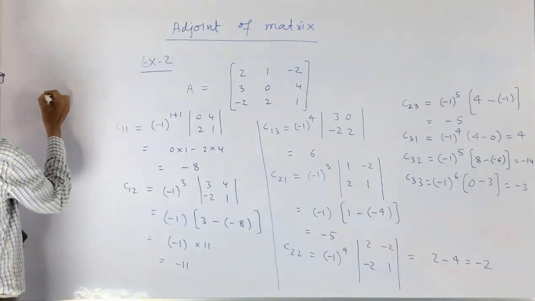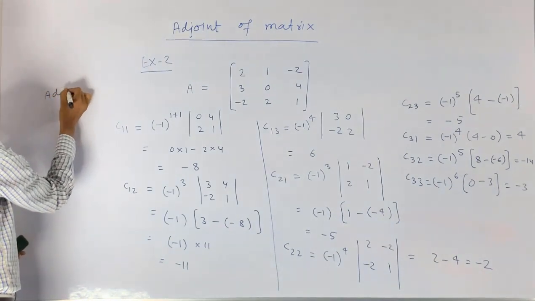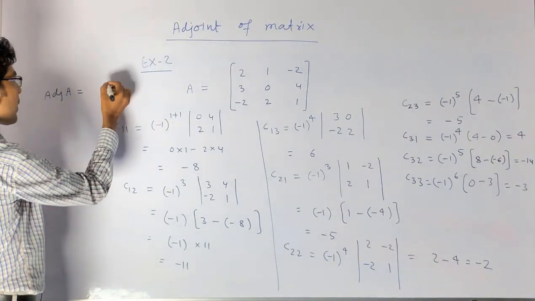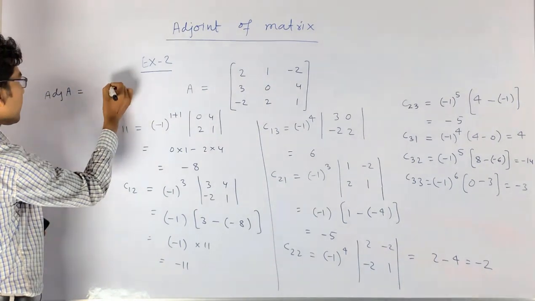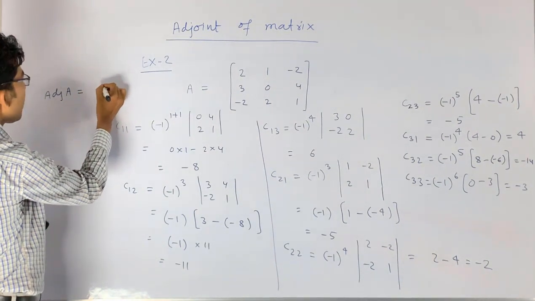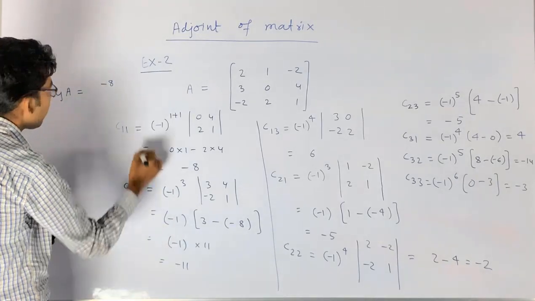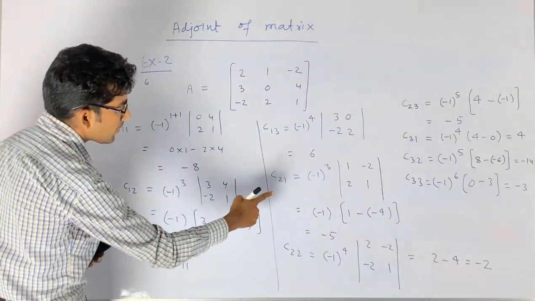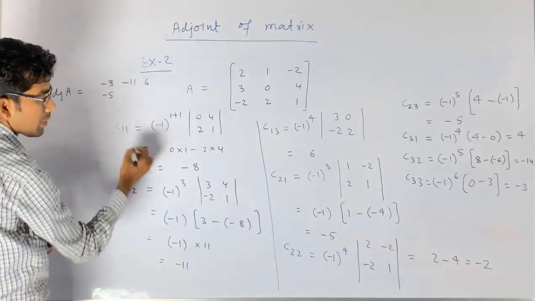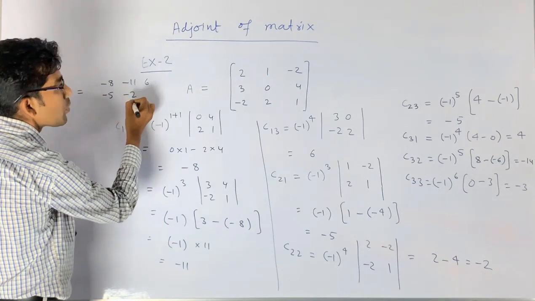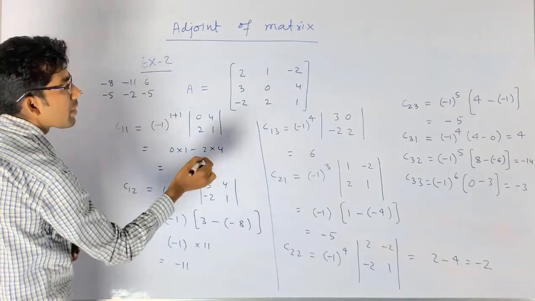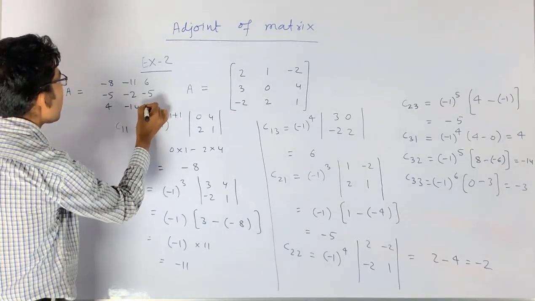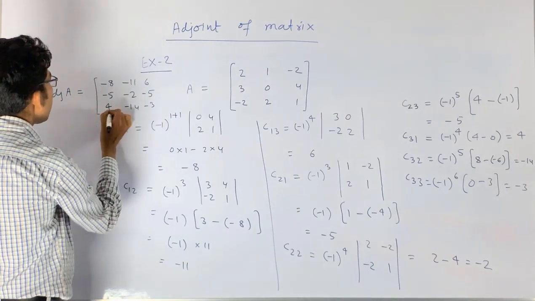So finally, adjoint A is equal to all the cofactors written out: minus 8, minus 11, 6, minus 5, minus 2, minus 5, 4, minus 14, minus 3.